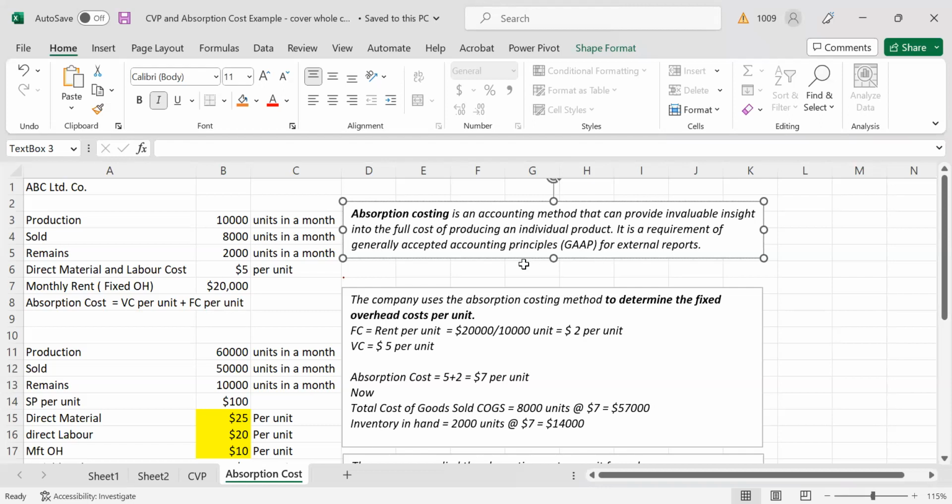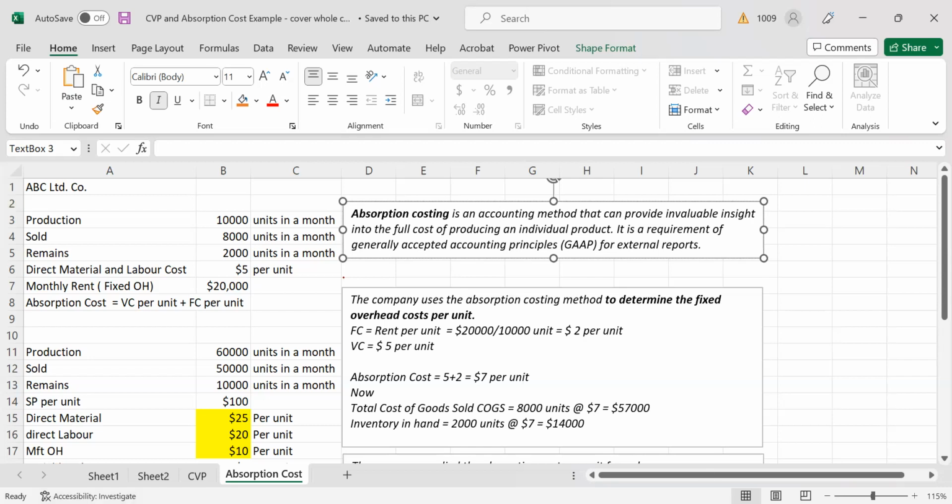It is a requirement of GAAP, generally accepted accounting principles, for external reporting, right? So this method, absorption costing, is used in financial accounting to show to the outside world, not to the internals.